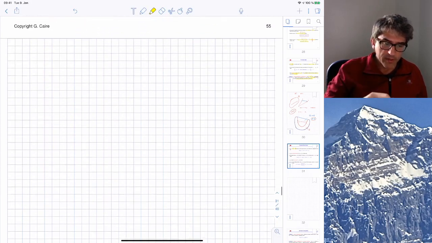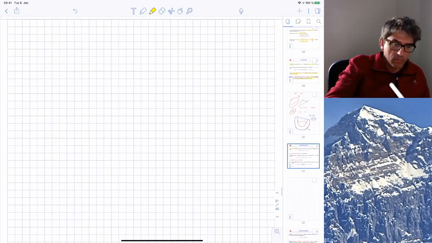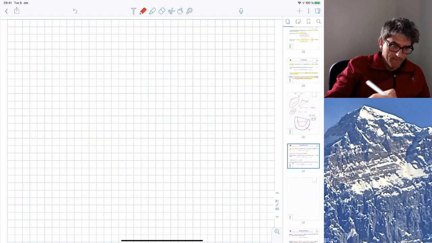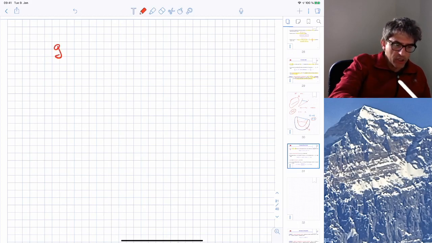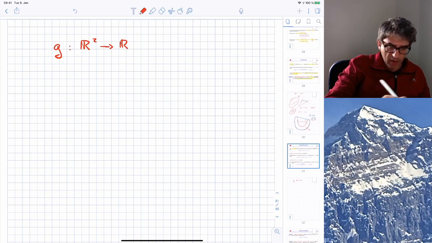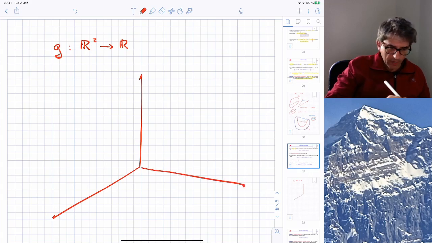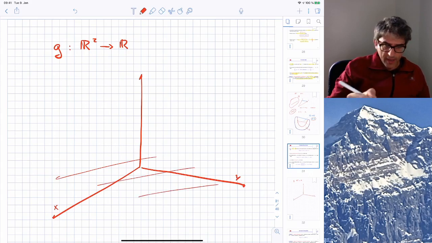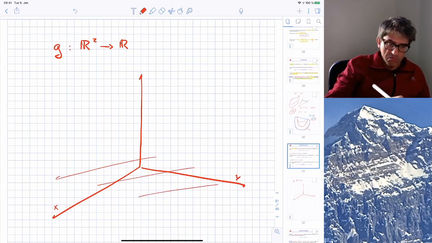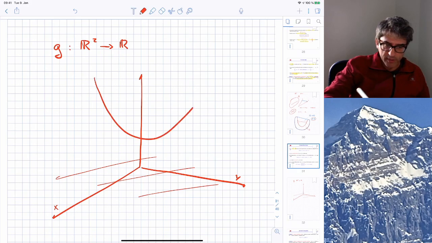Okay, the paper is already there. Good. So for example, let's consider a function g from R^2 to R. Where we have R^2, say the plane xy. This is R^2, this plane. And the function will be some sort of surface like this.